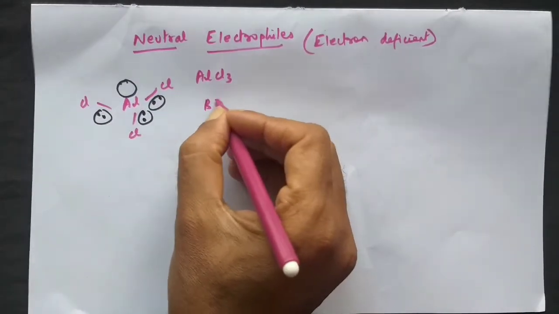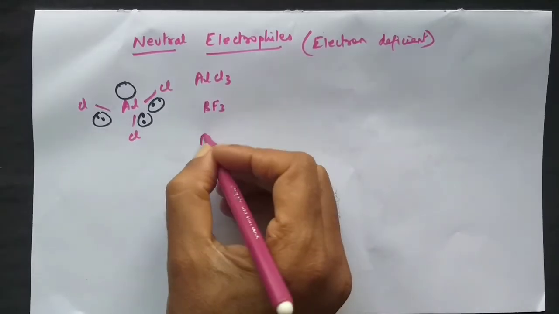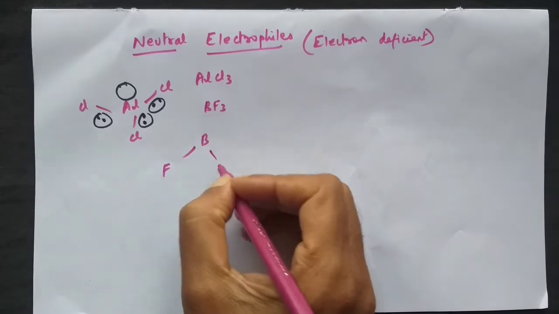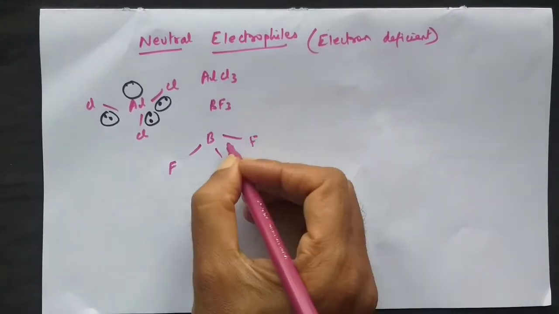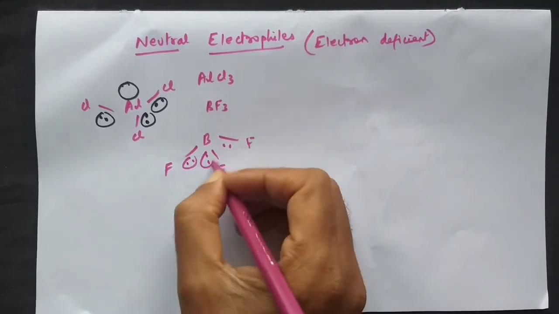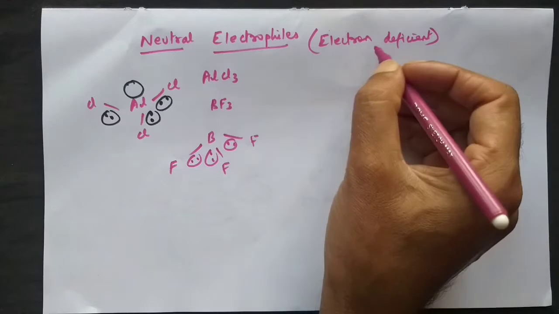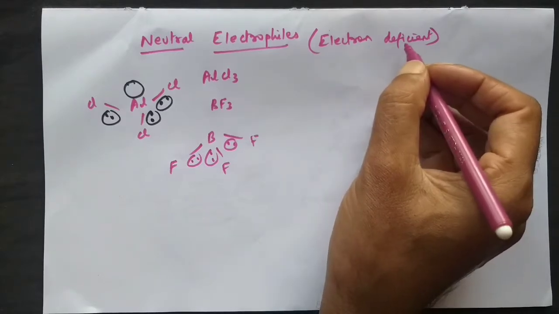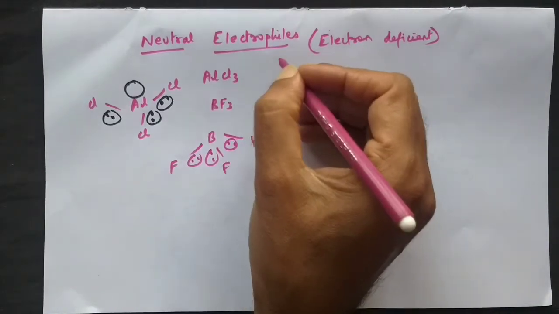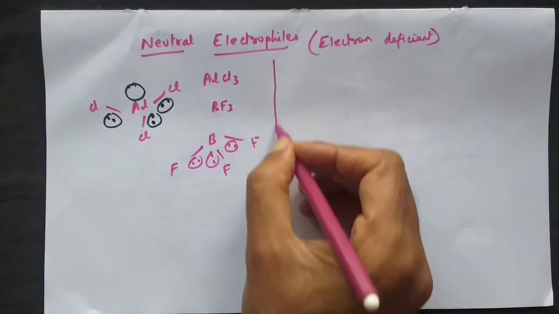Same case you can take BF3. Boron once again has the fluorines, so we have 2 electrons here, 2 electrons here, and 2 electrons here. That's the reason that, instead of saying electrophiles are positive, I'm using the word electron deficient, because it can be either positive or neutral.